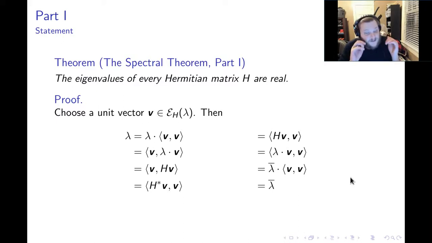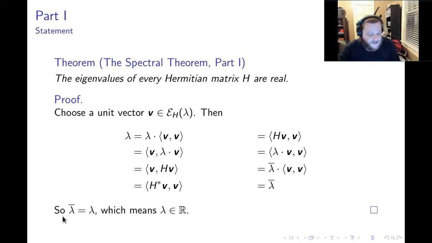So there are several equalities that we went through, but if we pay attention to start and finish, we see that what we've set up gives us lambda at the beginning, which is equal to the conjugate of lambda. And the only numbers that are equal to their own conjugates are real numbers. So this argument tells us that the conjugate of lambda equals lambda, which means that lambda was a real number to begin with.